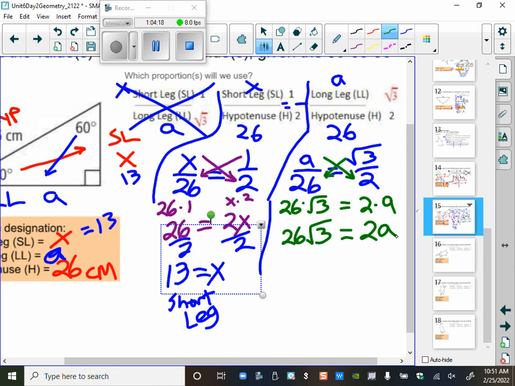Now we divide by 2. Okay, hold on, one at a time. Keep going. Just divide the two numbers, 26 divided by 2. You get 13 square root of 3. And then what happens with the 2a over 2? Just eliminates itself. It's left with a.